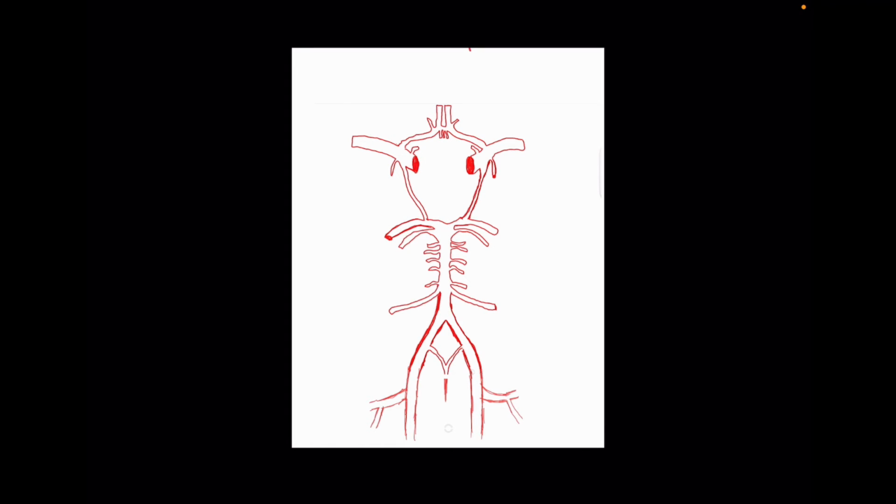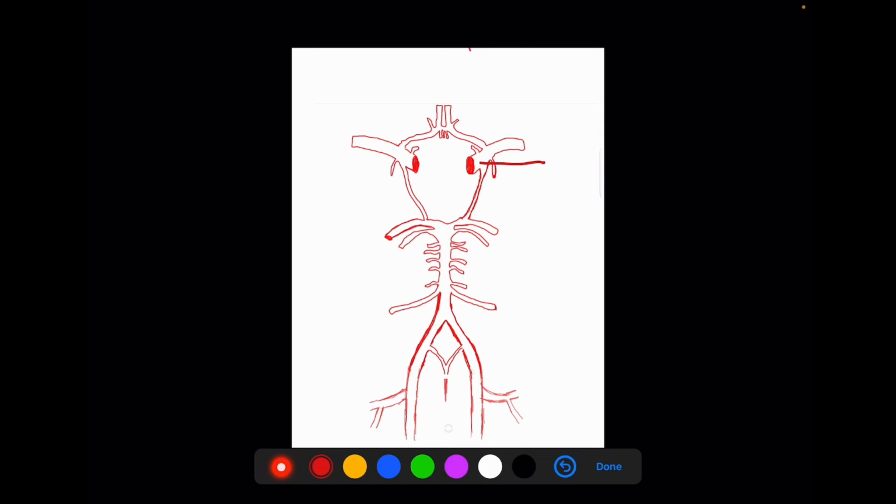Now coming to our last part of the circle of Willis, that is ICA, means internal carotid artery. It gives all its branches to the circle of Willis.